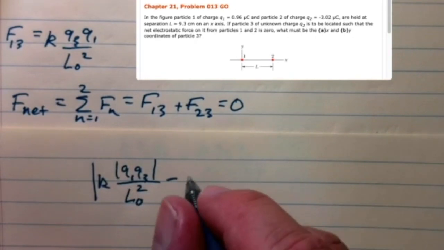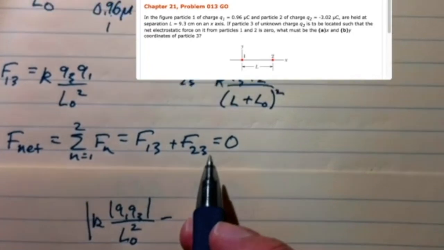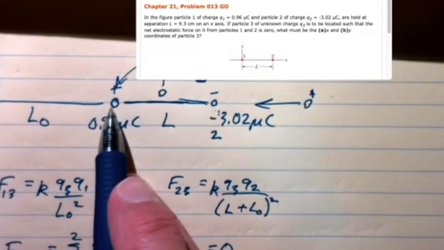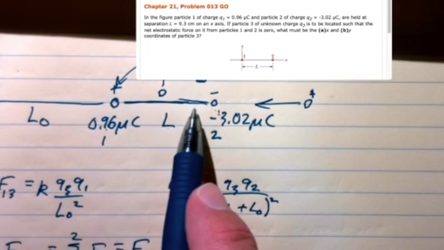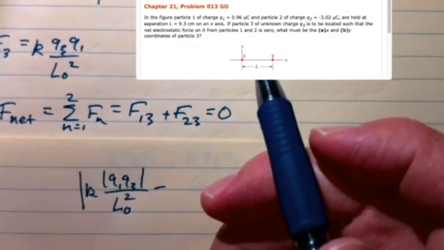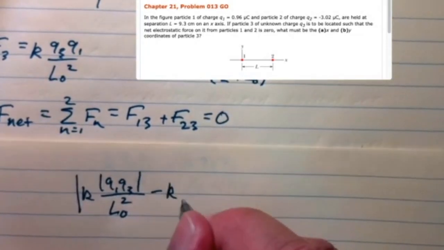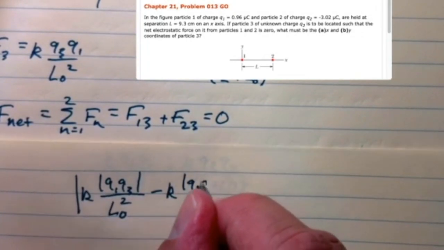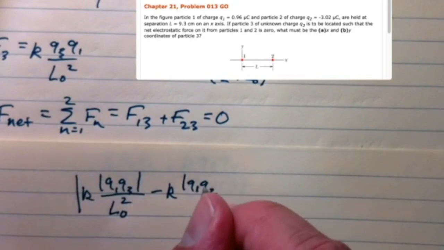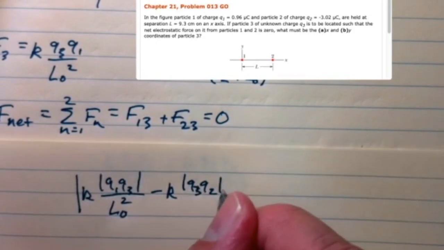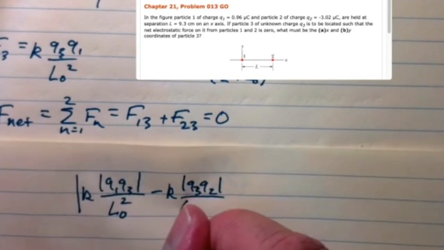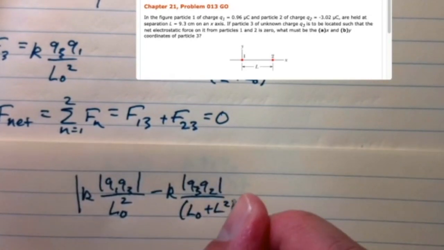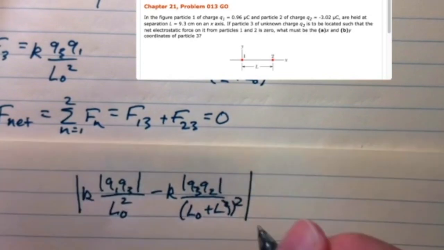We know that the forces are going to be in opposite directions because if I go back up here, one force is going to be pulling and the other one is going to be pushing. So we're going to have K times Q3 times Q2 divided by L0 plus L, and this should be squared right there.